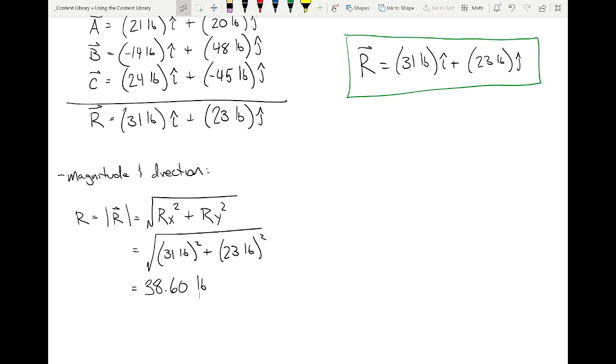First quadrant, right? So we know that the x component is 31 and the y component is 23. If I wanted to determine the direction or the orientation of that vector, if I wanted to determine theta for that vector, what would be a really easy way of doing that?